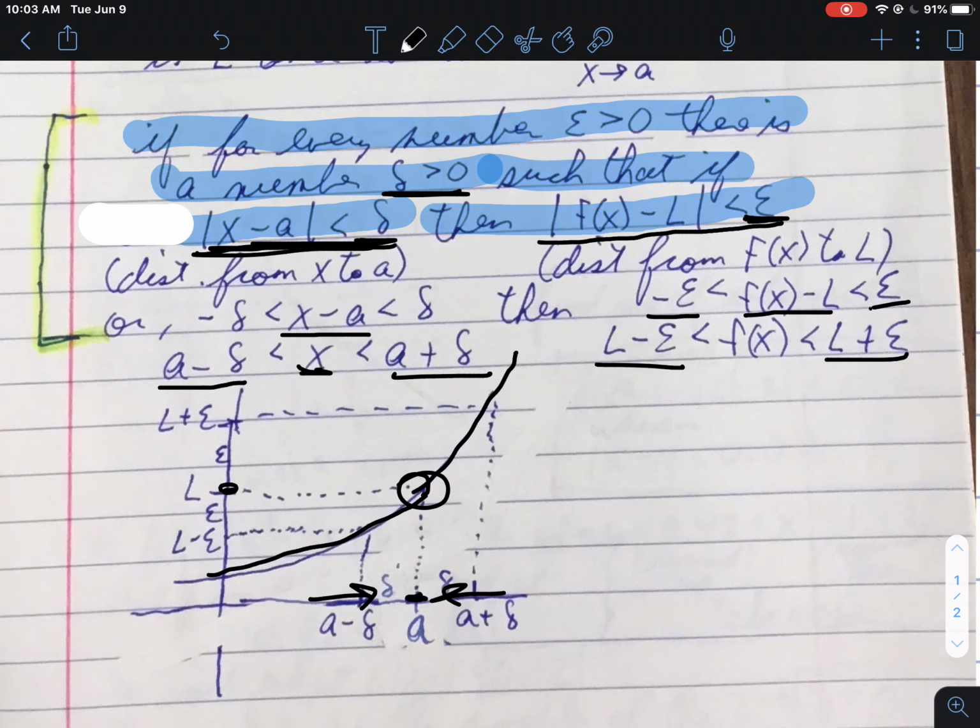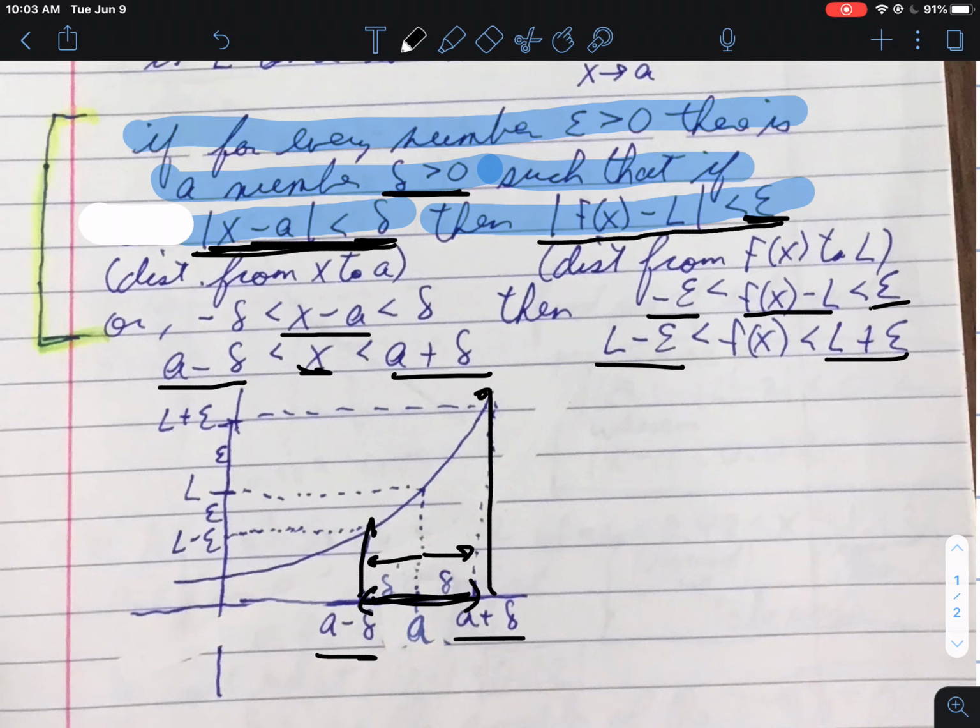So what we're doing here now, let me clear that up, is we want to specify an interval within which, if I choose x values within a distance of delta on either side of a, so a minus delta, a plus delta, then I guarantee you my function values will have to fall in this interval. So that's going to be some distance on either side of L.